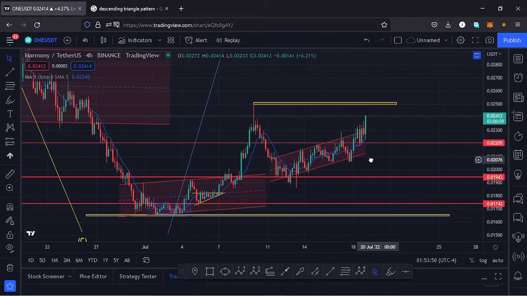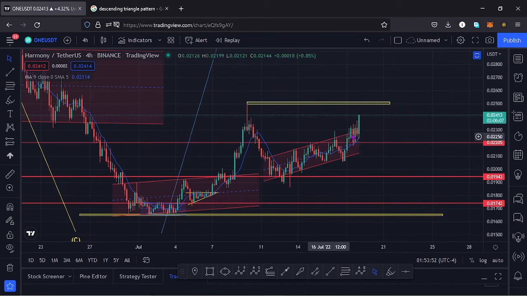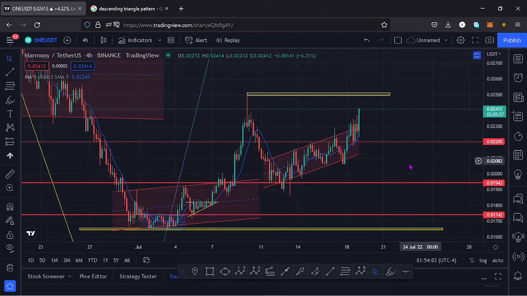We have also been trading within this ascending channel over here, and yesterday we broke out of that channel to the upper side, and we have continued pushing to the upper side. One thing that I like about Harmony One is that in this channel you can see that we have been trying to make a series of highs.